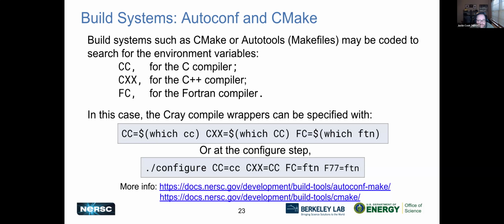And in this case, we're just setting it to which cc because we want the default. In configure, you just do the same thing, except that for F77, you're setting it for the exact same wrapper for Fortran anyway, because it implements both F77 and newer Fortran standards. Again, if you need more information, we have some build tools documentation for both Autoconf, Autotools, and for CMake.